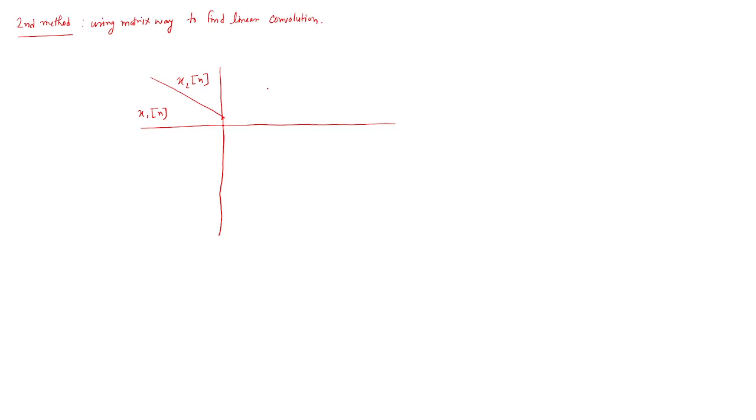So x2[n] consists of 2, 0 and 1. x1[n] consists of 1, 2, -2. Just draw the lines here.